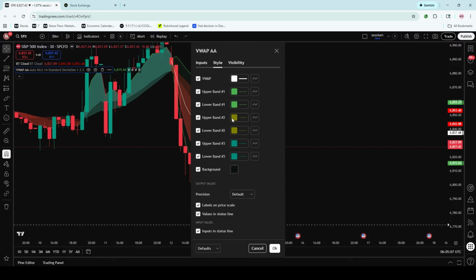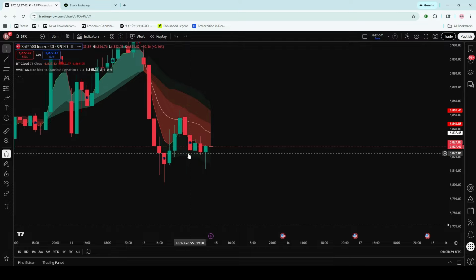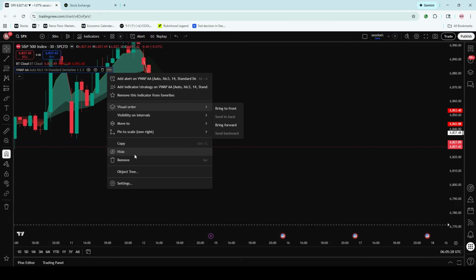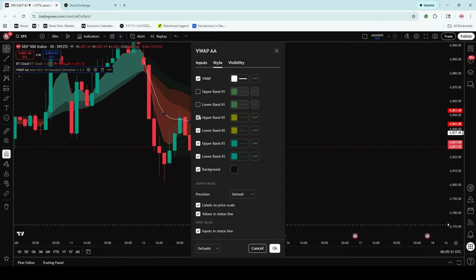Never seen a use case for them really. Hold on, I think we have to get rid of all of it really. Let's go back to settings. We're going to get rid of everything but VWAP. All we want to be here is VWAP. It's the only thing you want.